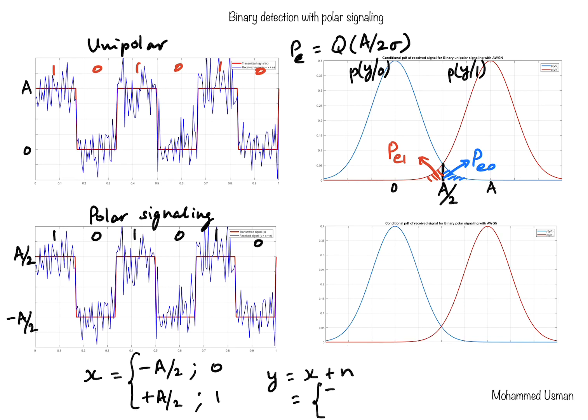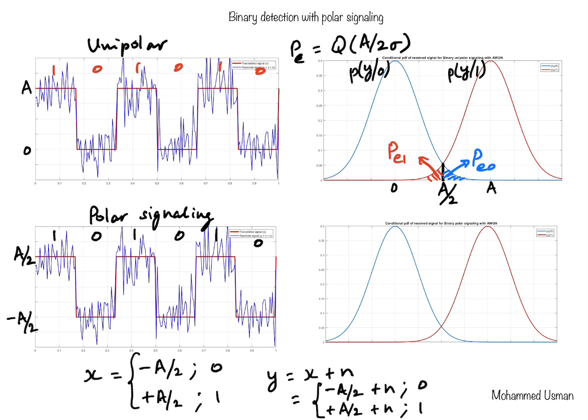It is minus A by 2 plus noise when 0 is transmitted, or plus A by 2 plus noise when 1 is transmitted. So for the received signal we have two possibilities: either minus A by 2 plus noise or plus A by 2 plus noise, depending on whether 0 or 1 has been transmitted.